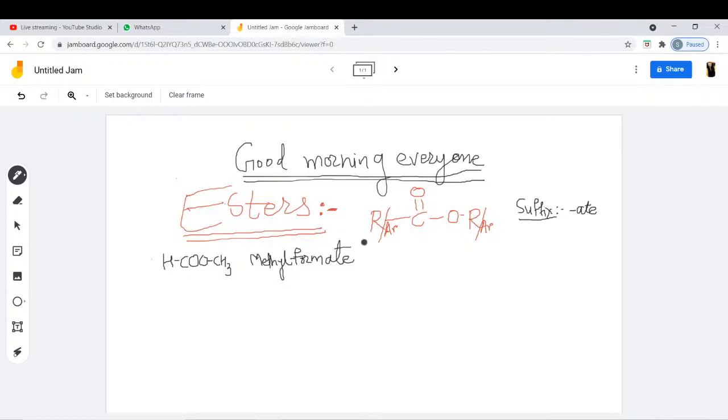These are the common names. I always tell you two names, the common name and the IUPAC name.